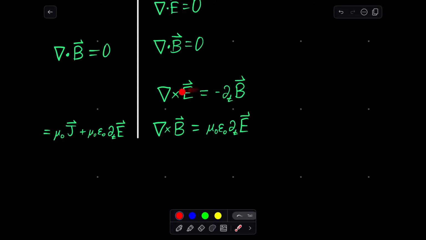This goes back and forth, chaining together, and creates a sustaining cycle, which therefore generates a wave, where you can have the electric field propagating out like this.